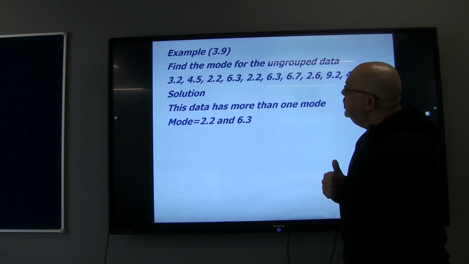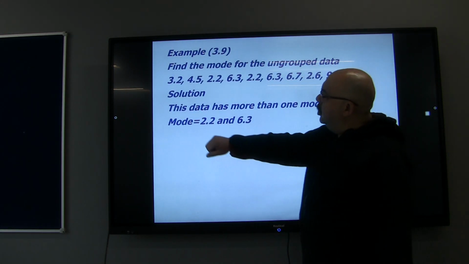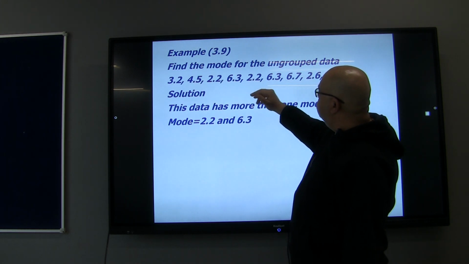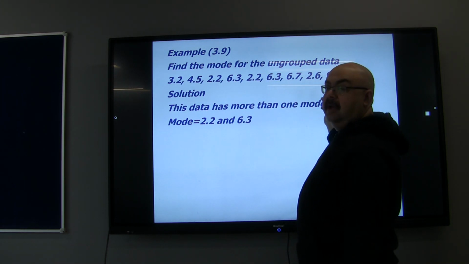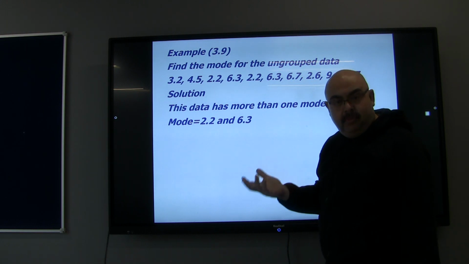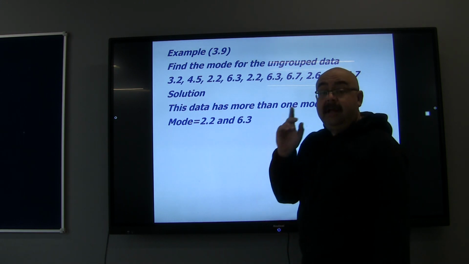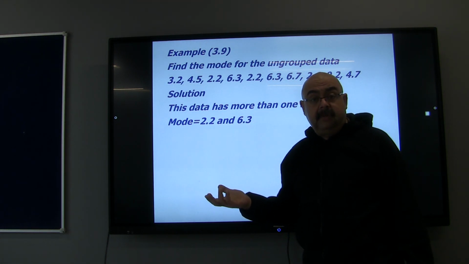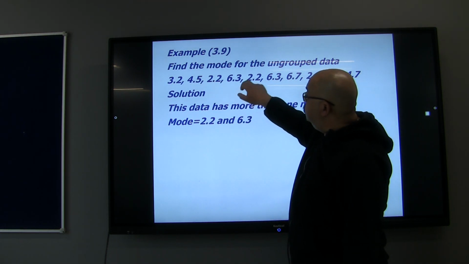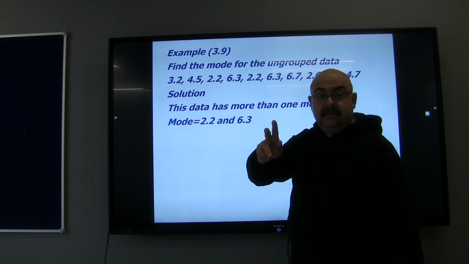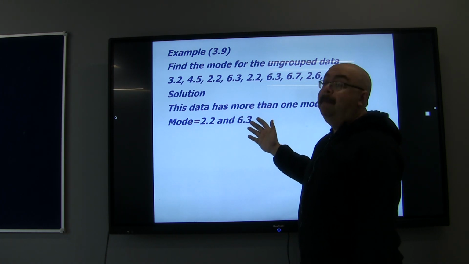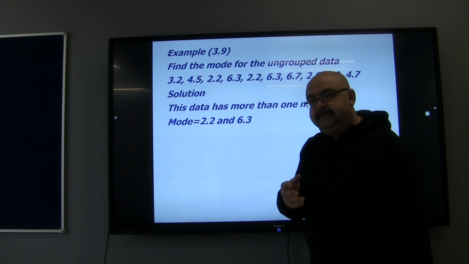This is the first time you face this obstacle. In the second problem, which is 3.2, 4.5, 2.2, 6.3, 2.2, 6.3, and so on, I'm searching for the value that happens most frequently. Unfortunately, and also for the first time, it's not a unique value. 2.2 repeated 2 times and 6.3 repeated 2 times, so this is a bimodal example.